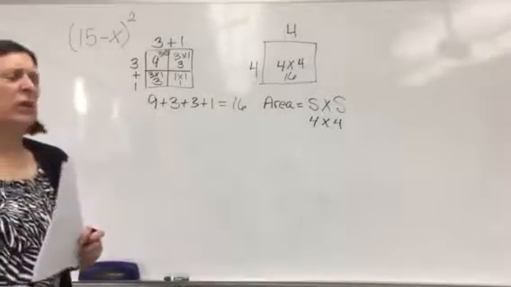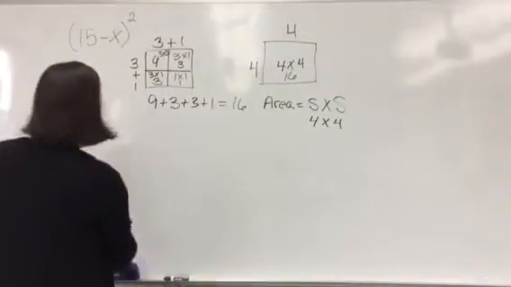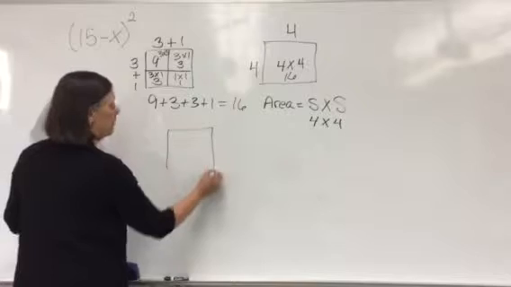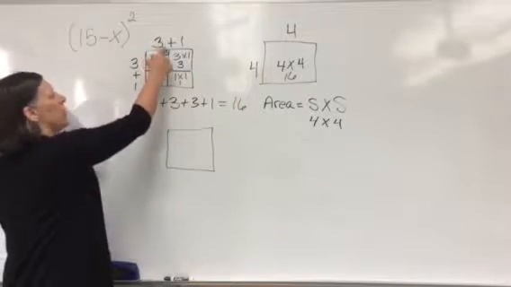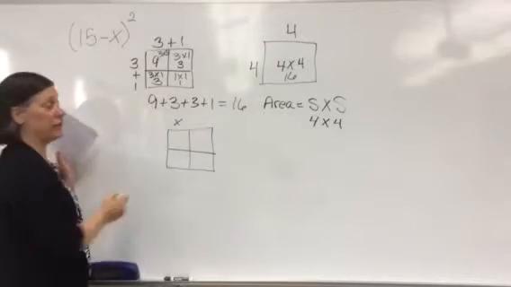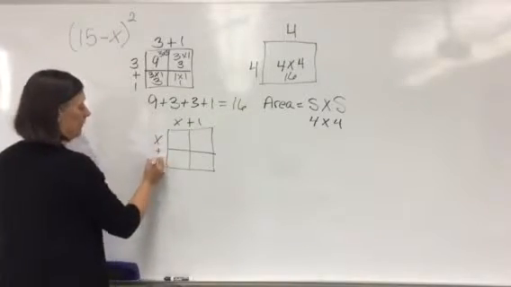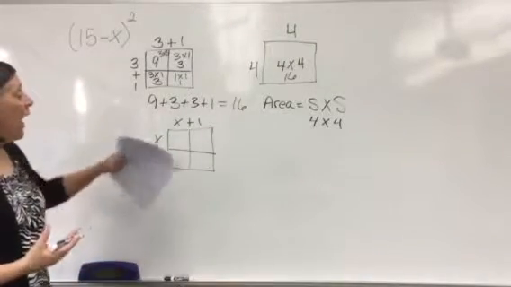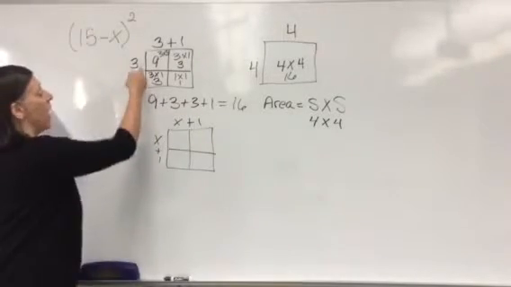Okay. So let's pretend now that we do not know something about this square. Let's say that we do not know this chunk. We can call it x. So the side is x plus 1. Now we're going to label these pieces again in the same way.